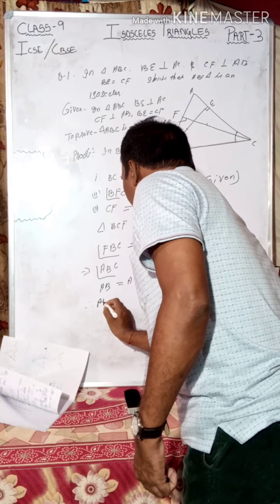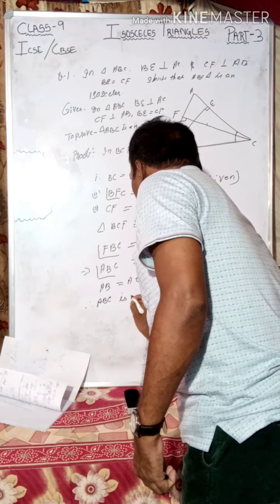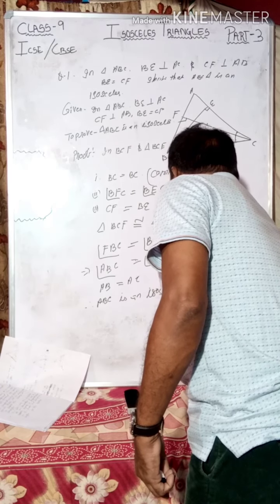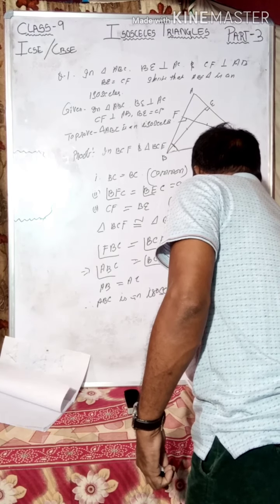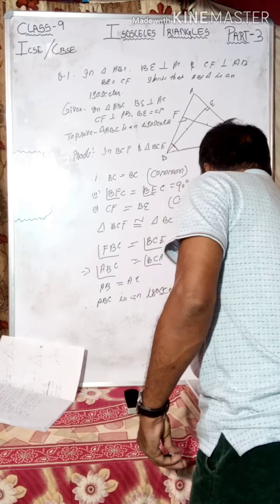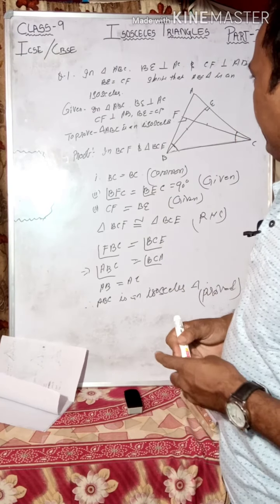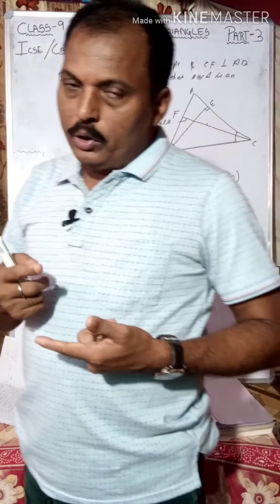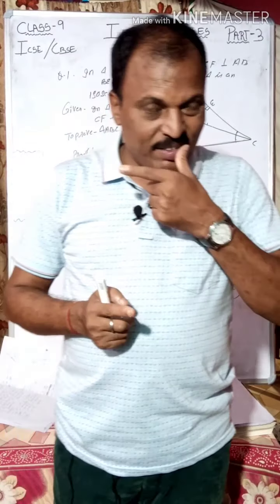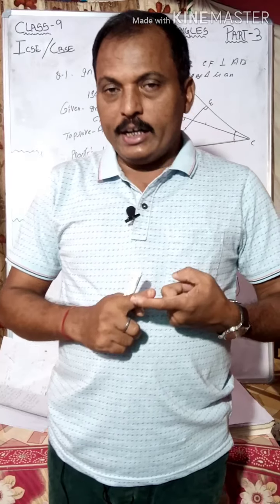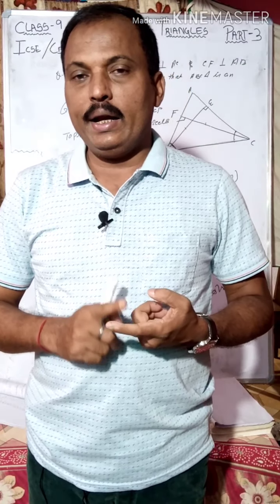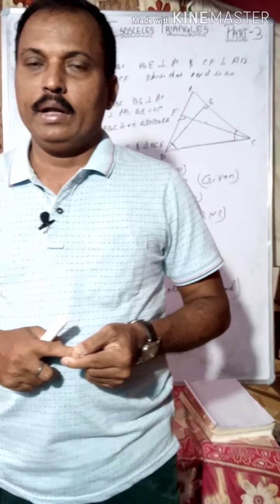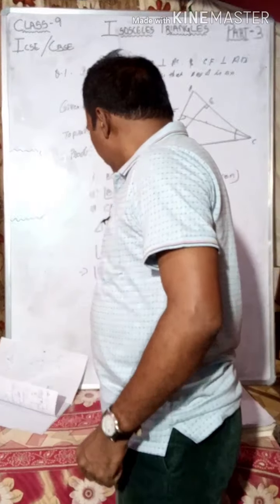So ABC is an isosceles triangle, proved. Take a screenshot. So in this way, we know another statement: if two altitudes of a triangle are equal, then that triangle is an isosceles triangle. Now we will go to the next question.